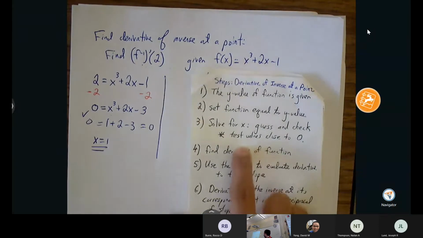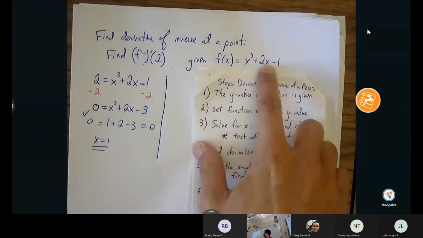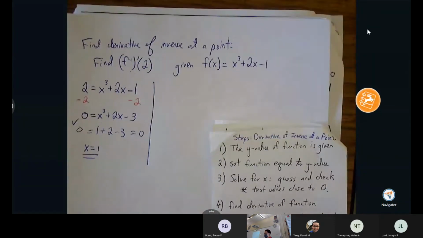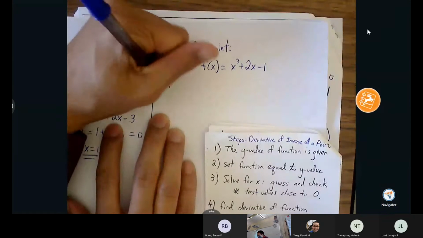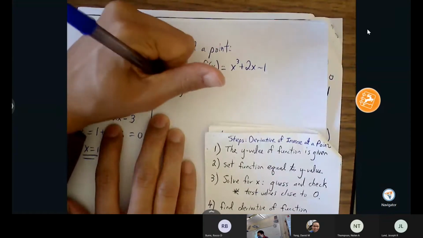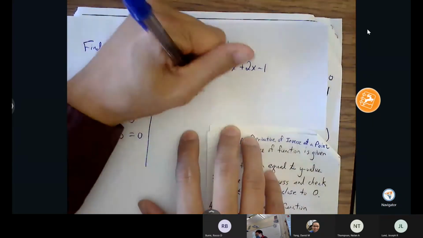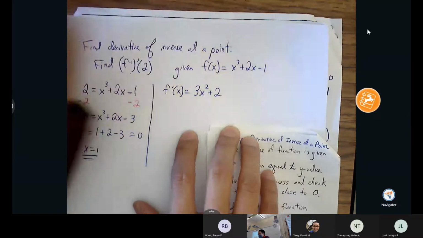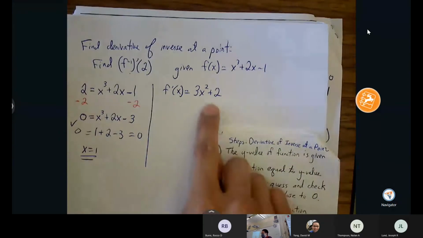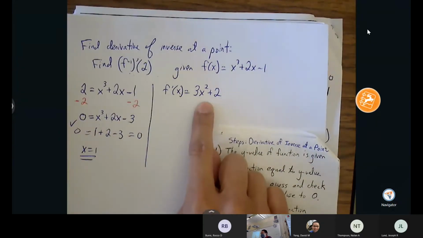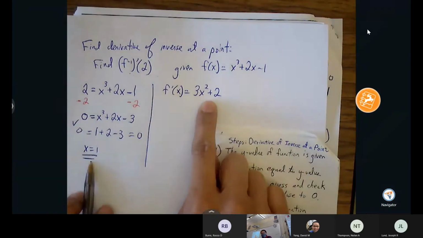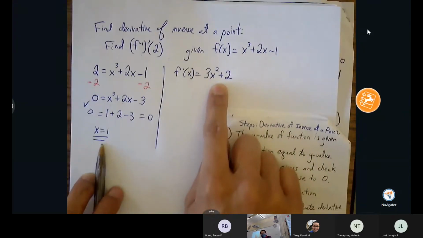Next step is we want to find the derivative of this function. It will be 3x squared plus 2. So now we have a slope formula for the function. How can we use this value now to find our slope?